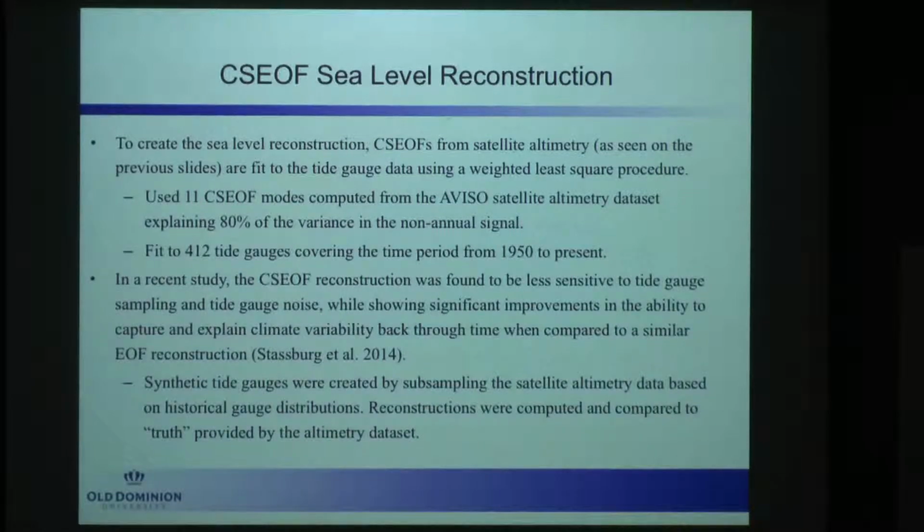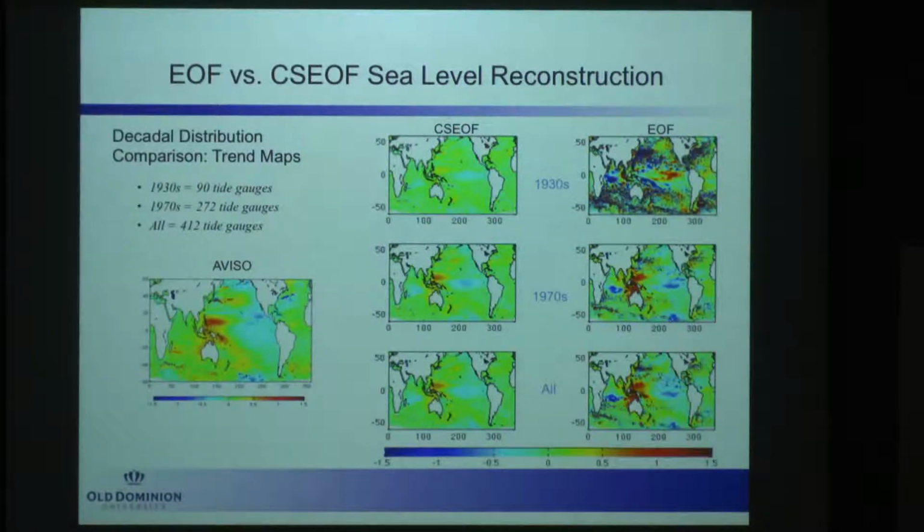In an idealized setting, he used the satellite altimetry data and subsampled it using the historical distribution of tide gauges to create synthetic tide gauges, and then fit basis functions and created a reconstruction that he could compare to the truth of the altimetry. So here are some of those results. This is truth, your 20-year trends from Aviso, from the satellite altimetry. Based on the 1930 tide gauge distribution, this is what you get from EOF analysis.